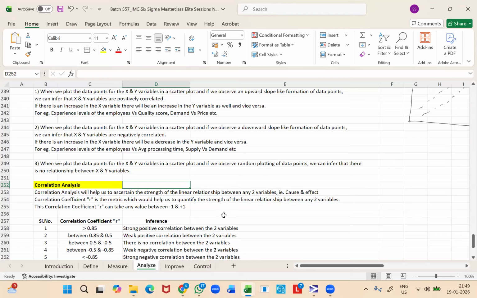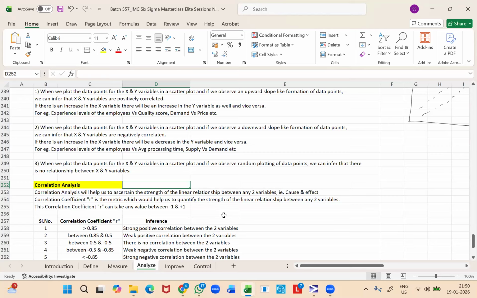So when we apply a formula to calculate this r value, it will always be between -1 and +1. So it will not exceed beyond these limits, or it will not be less than -1, right? So it will be between -1 and +1.